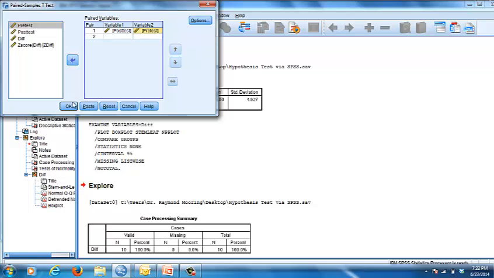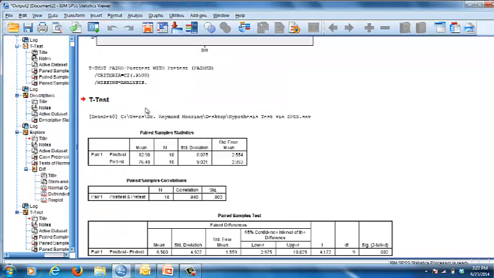Okay. And okay. So now you can see that the standard error of the mean is 1.558, which is 4.927 over the square root of 10, right? So you'd have 6.5 minus 0 over 1.558, and you'd get 4.172.